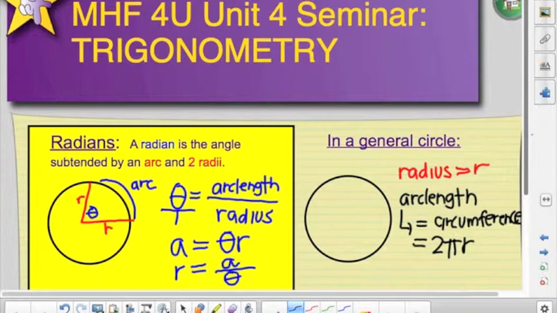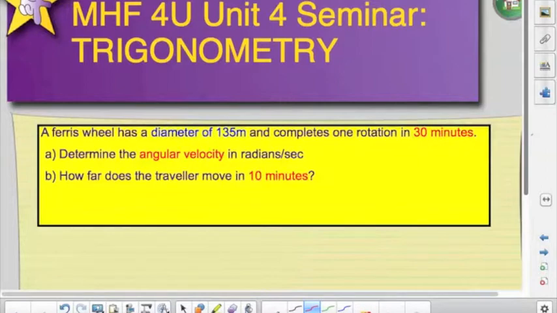So those are general qualities of the circle that you should remember. And there are a few questions in your guide where you just have to use this formula to calculate different pieces of information.